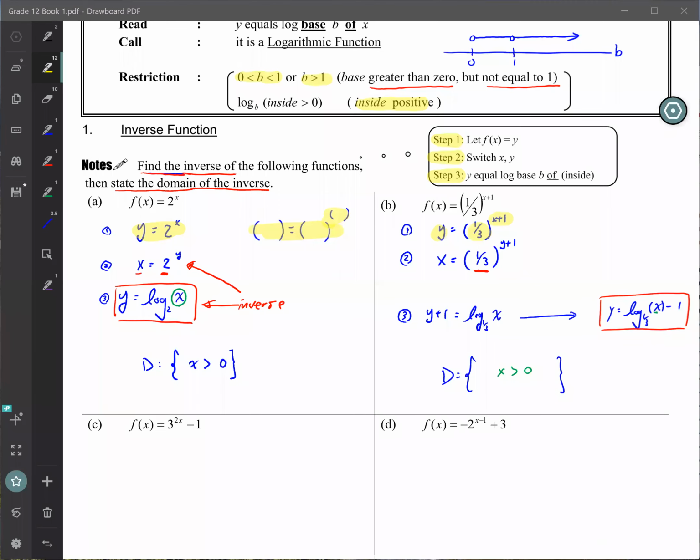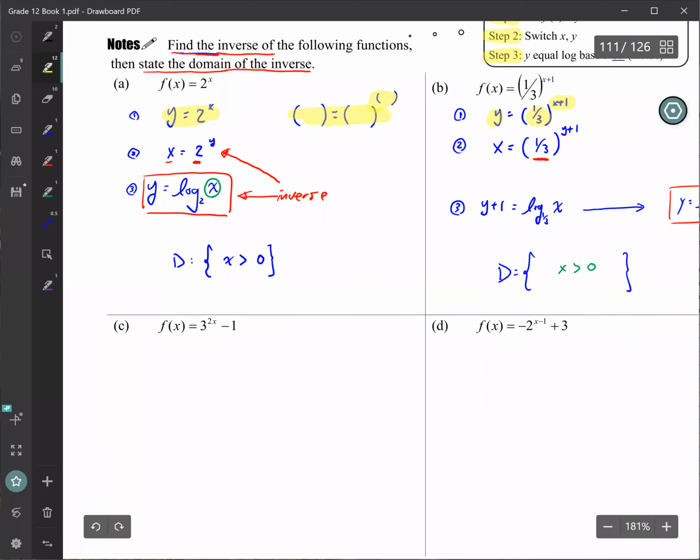So what's different for question C is that it has an extra minus 1, right? If we do step 1, this one doesn't have the look of exponential.